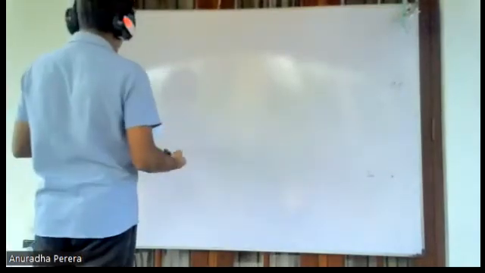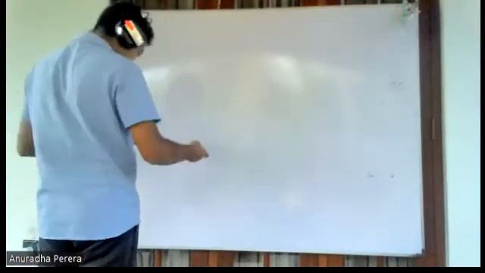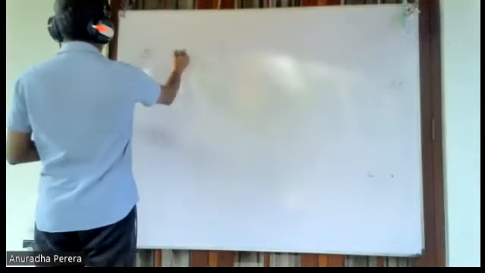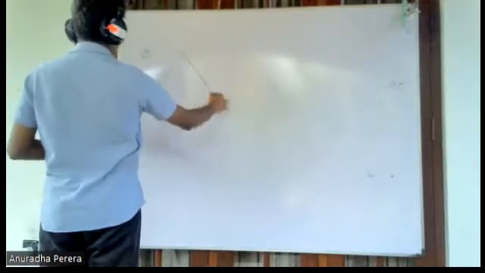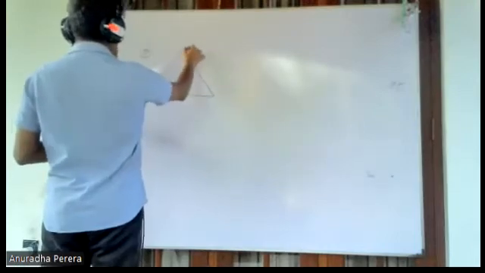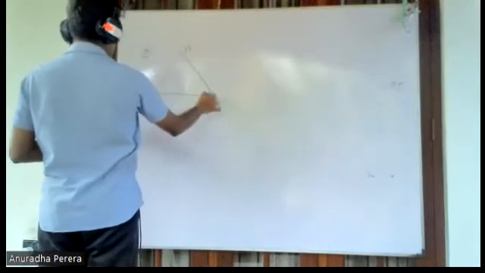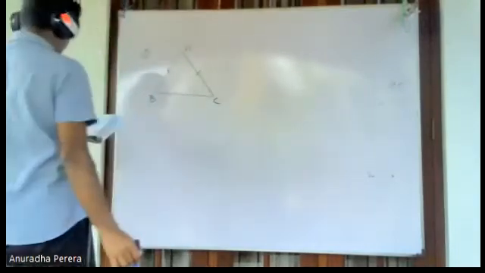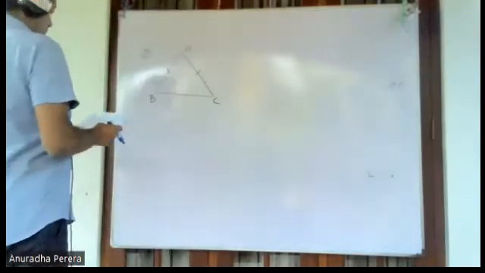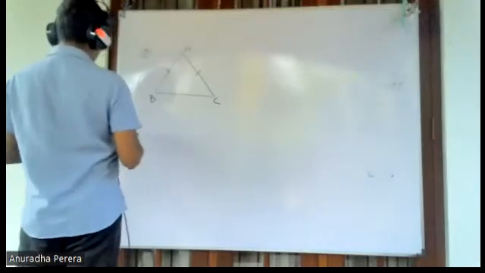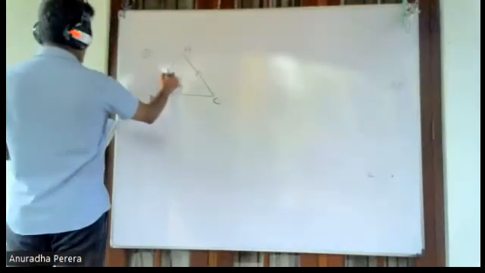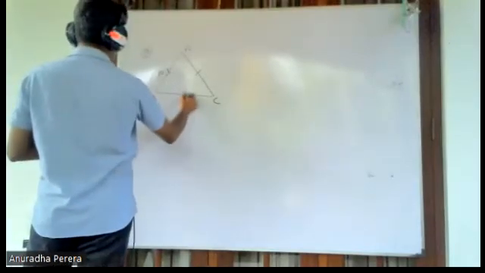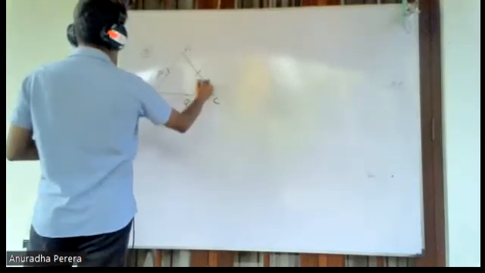AB and AC in the triangle ABC, AB equals AC. The points P, Q, and R lie on the side BC.